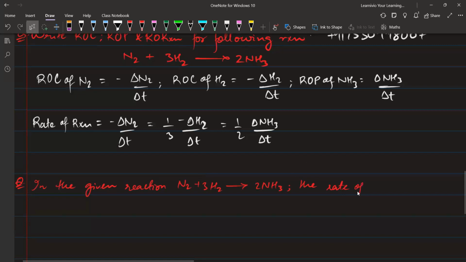The rate of formation of ammonia is 3.6 into 10 to the power minus 4 moles per liter per second. Calculate the rate of reaction.